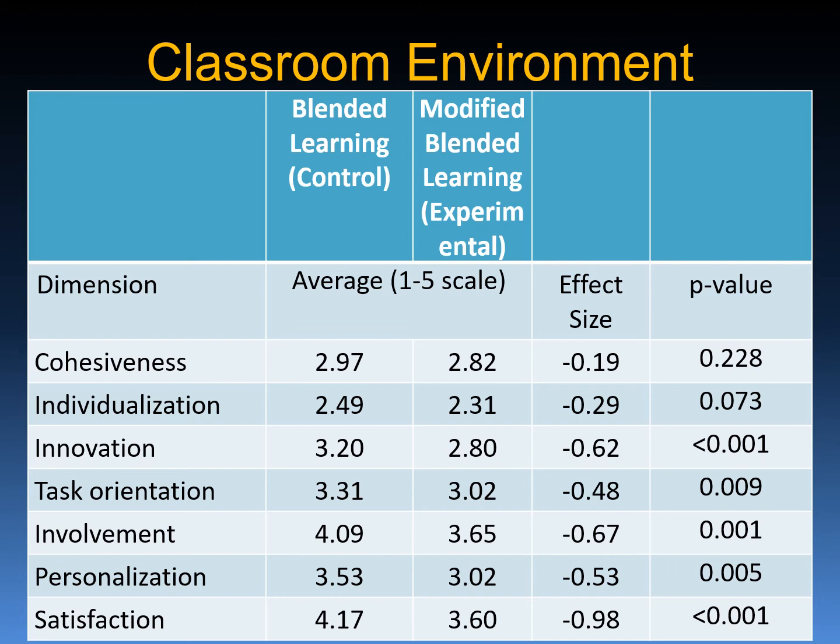The inventory consists of 49 questions on these 7 dimensions, and students rate the questions on a scale of 1, which stands for strongly disagree, to 5, which stands for strongly agree. For example, the dimension of cohesiveness stands for to what extent students know and help one another, and individualization stands for to what extent students are treated individually and differentially.